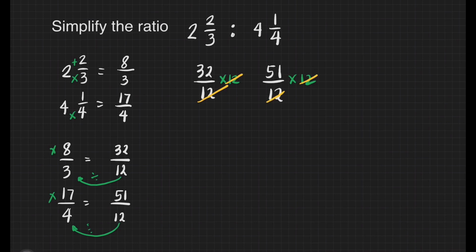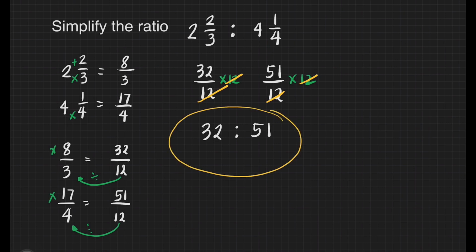What's left is 32 is to 51. Unless we can still find a number that can divide both 32 and 51. It means the simplest form of this ratio 2 and 2/3 is to 4 and 1/4 is 32 is to 51. And we're done.